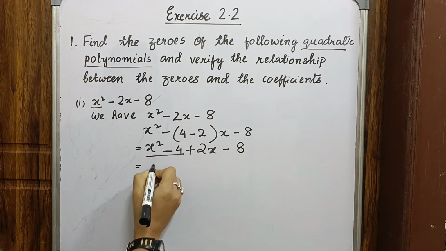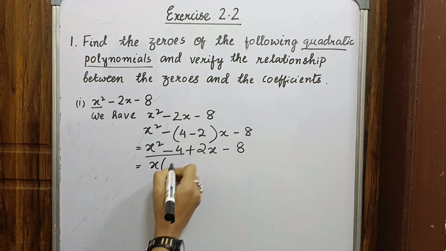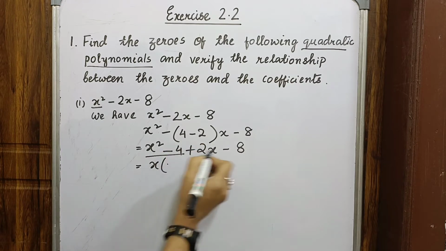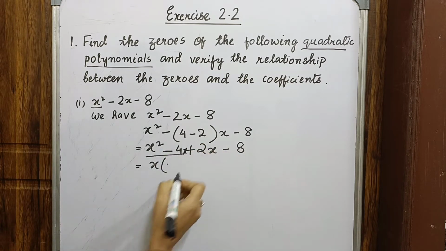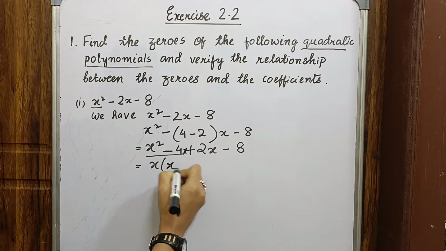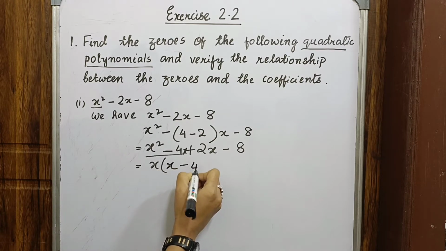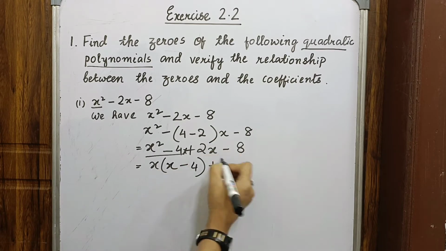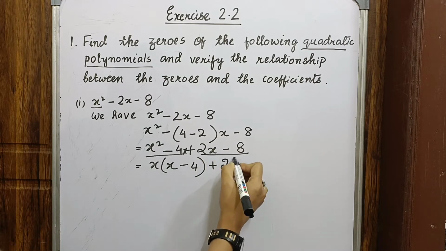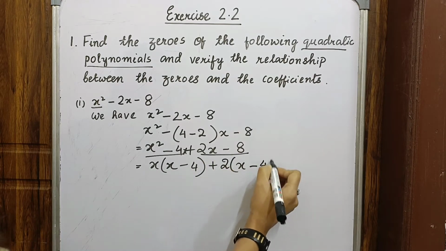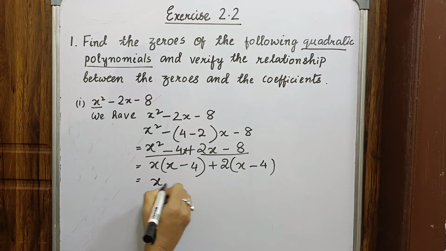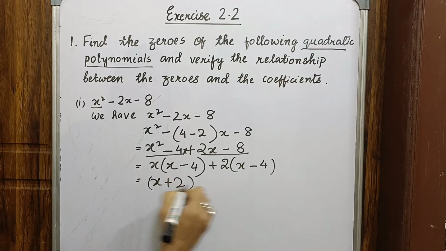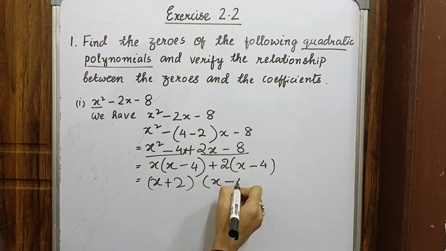We'll take common between these two. Oh, sorry, here I have not written x. x times x minus 4 plus 2 common between these two, x minus 4. So we have x plus 2 and x minus 4.